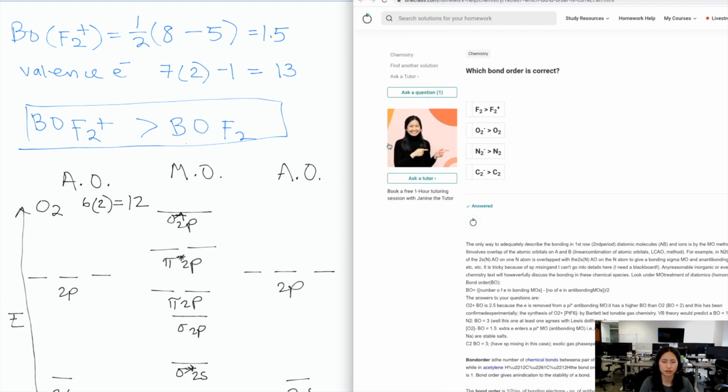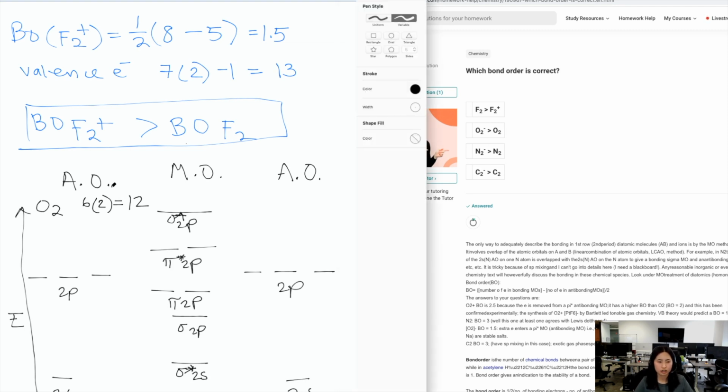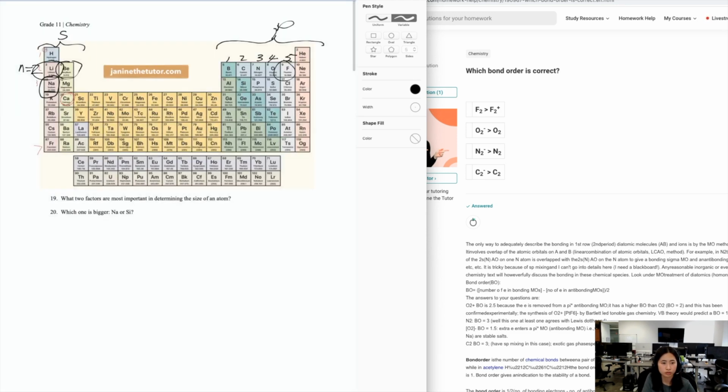So we have to figure out the number of valence electrons and also your electron configuration, but only at the valence, which is n equals 2. Okay, so we have this, right? But for your electron configuration, only at n is equal to 2. So let's go back to our periodic table.